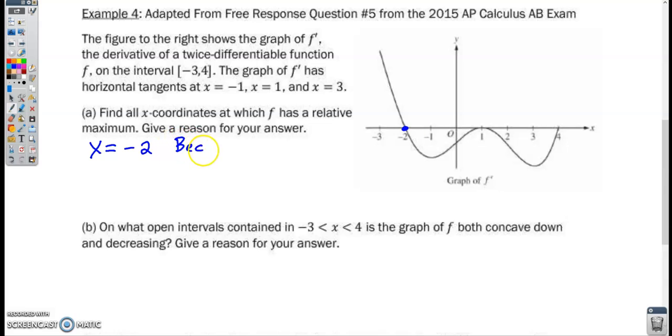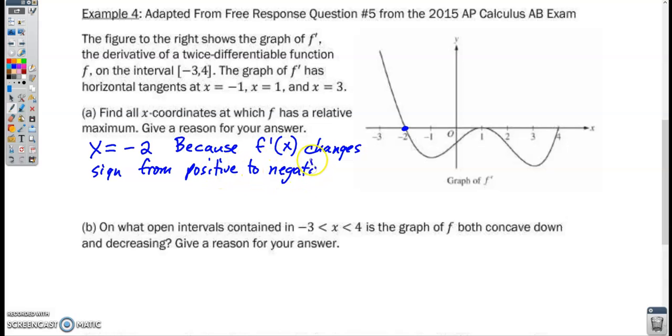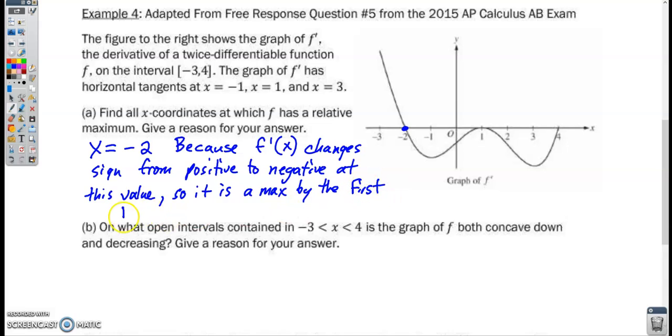And my reason: because f prime of x changes sign from positive to negative at this value, so it is a max by the first derivative test for relative extrema, which we learned a few sections ago. Okay, done with part A.